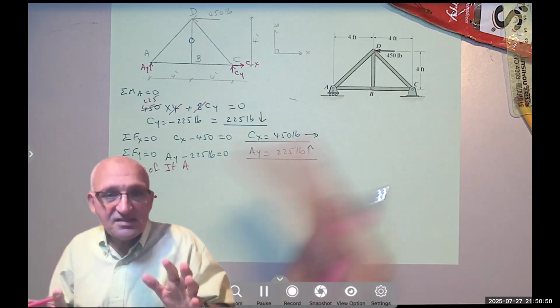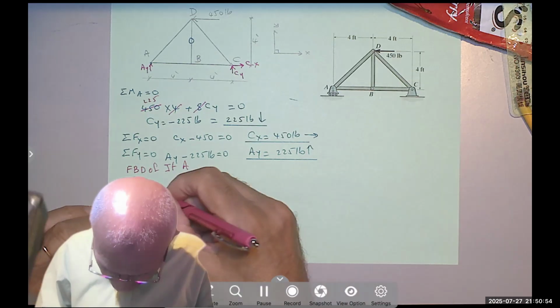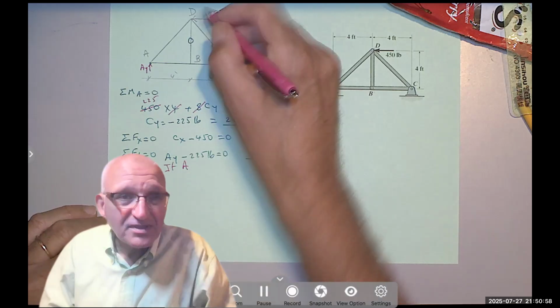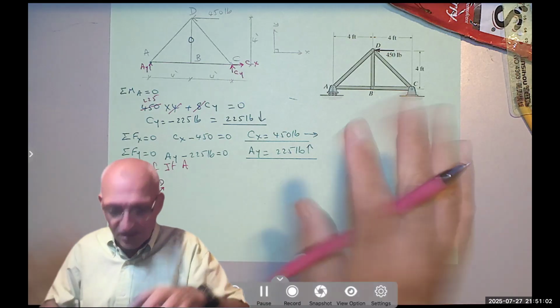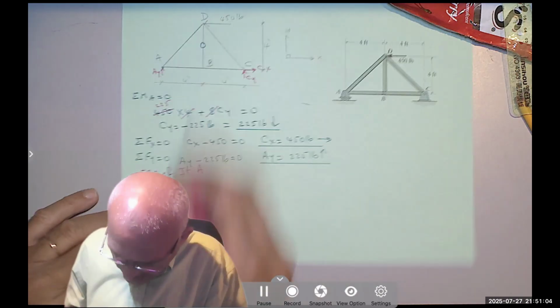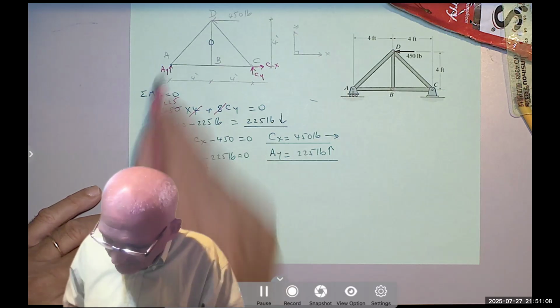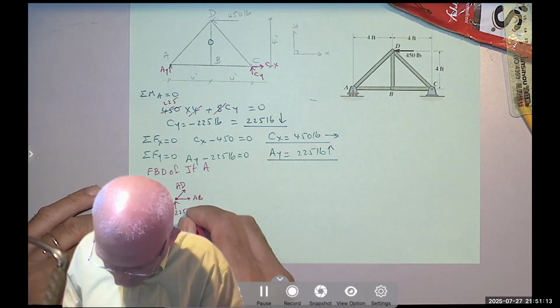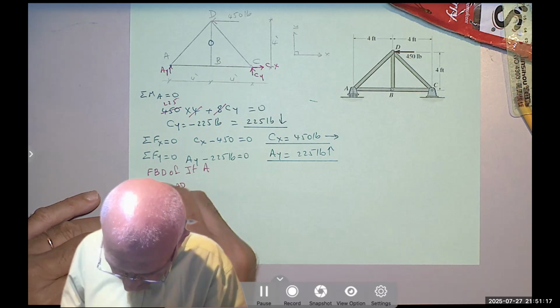At A, since we assume everything is tension, as if we don't know, I'm going to call the forces AD and AB, the names of the members, instead of F sub AD, since I have a lot of Fs and a lot of subscripts. And we found that Ay is 225 going up. That's a particle, by the way. And here is my x, here is my y.